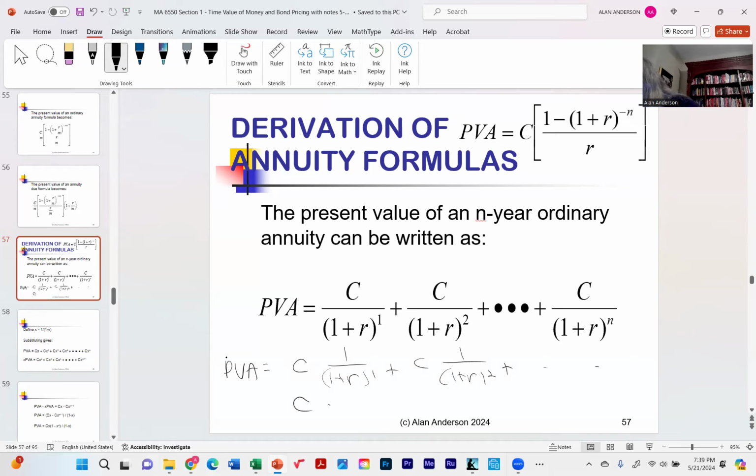This becomes c times x, c times x squared, all the way to the end.